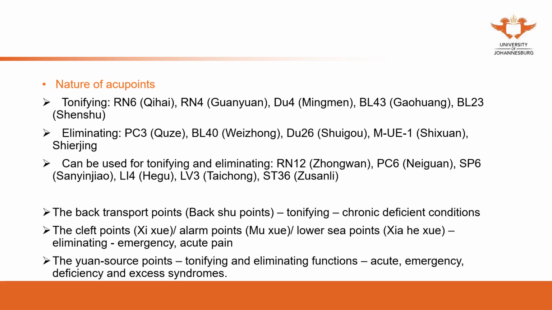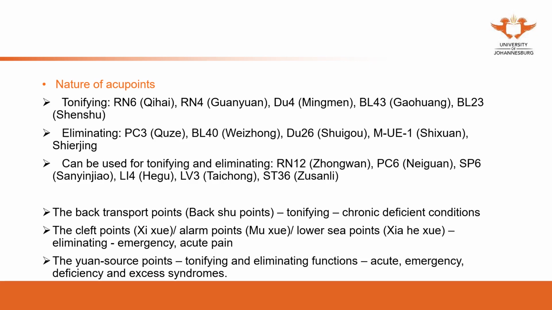The nature of the points we already discussed a little bit. Ren 6, Ren 4, Du 4, bladder 43, bladder 23. These are more focusing on tonifying.